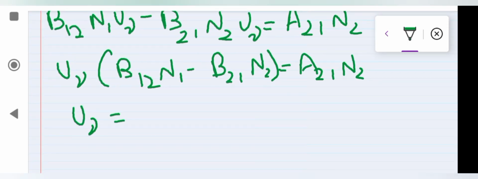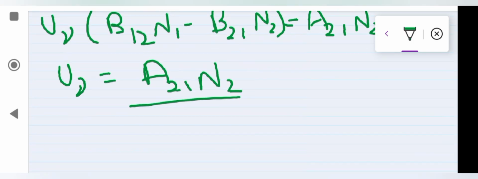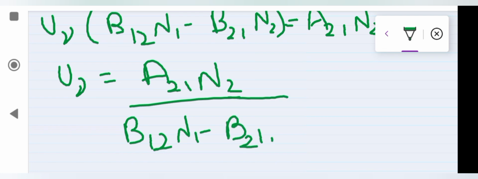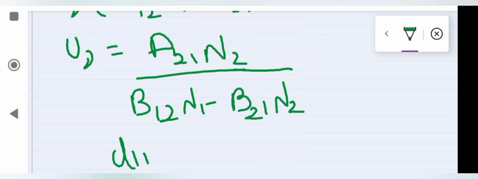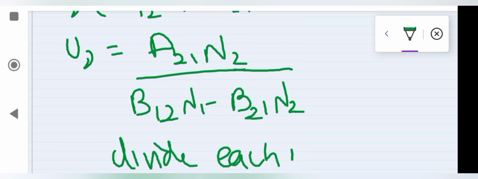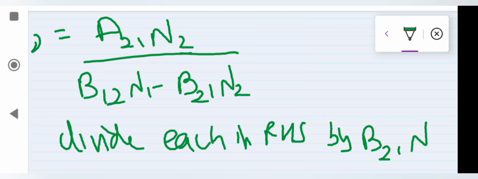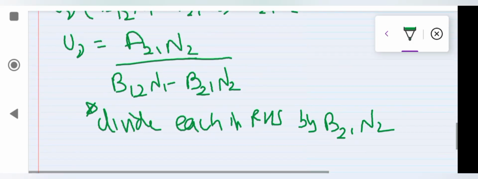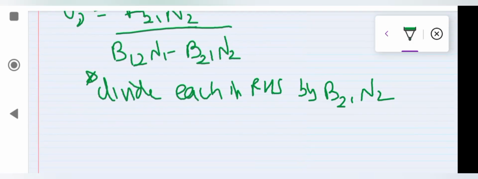U nu will be on this side, and this I will take in the denominator: U nu equals A21 N2 by B12 N1 minus B21 N2. Now my next step is to divide each term in the RHS by B21 N2. This is also something you should remember. There are small things to remember. The derivation is super easy. Rest all is just math.